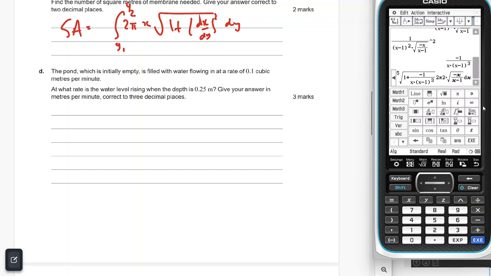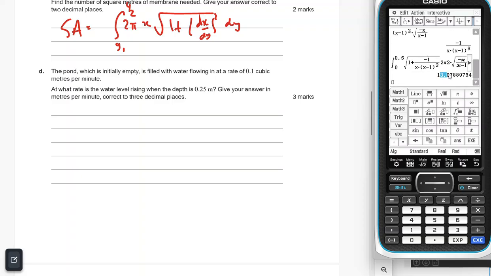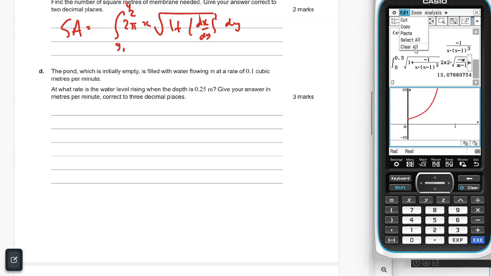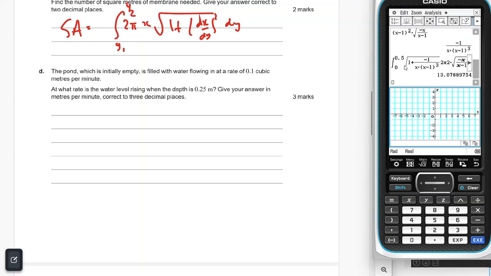And because I don't have batteries, I've got a PowerPoint that gives me that answer there. If I could do that, then I might go edit, clear all, grab the inside bit of my square root, drag and drop.